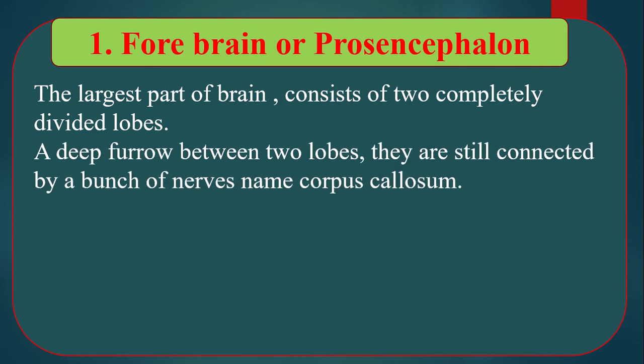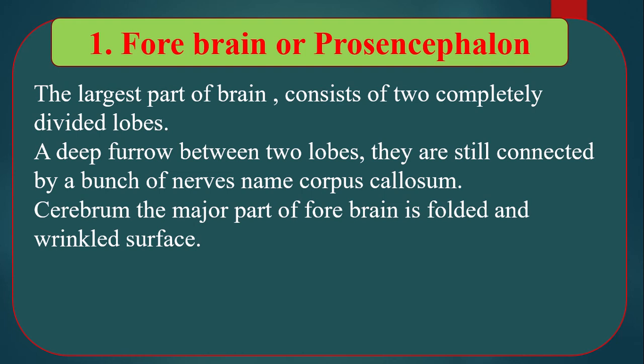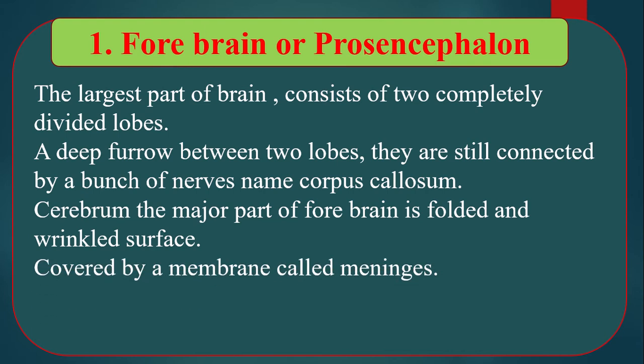A deep furrow lies between the two lobes, but they are still connected by a bunch of nerves named corpus callosum. Cerebrum, the major part of forebrain, has a folded and wrinkled surface covered by a membrane called meninges, and infection of meninges in humans is called meningitis.